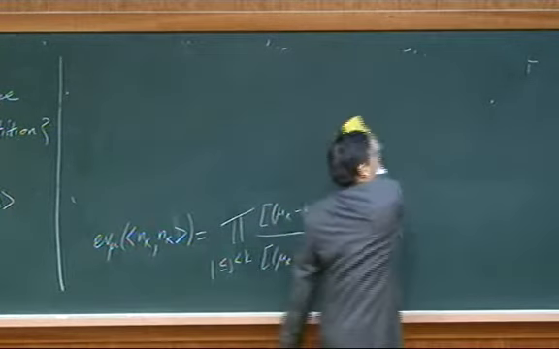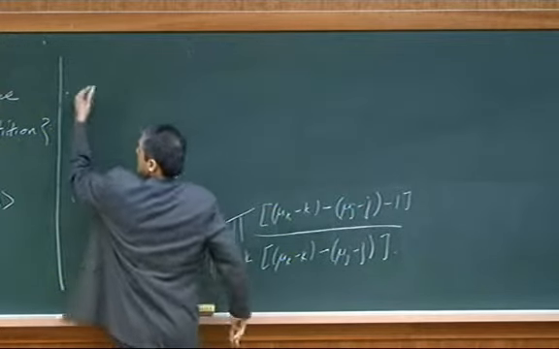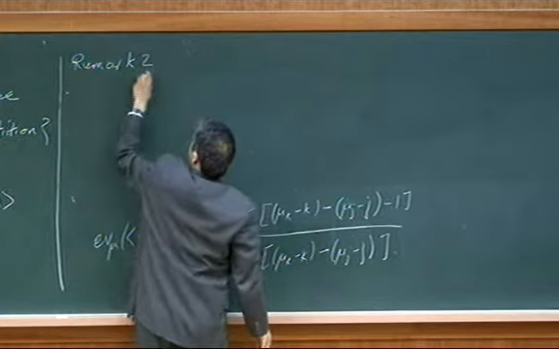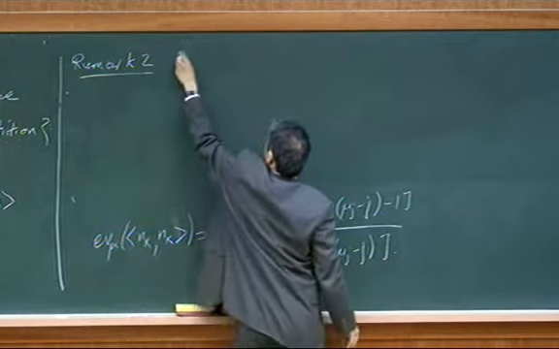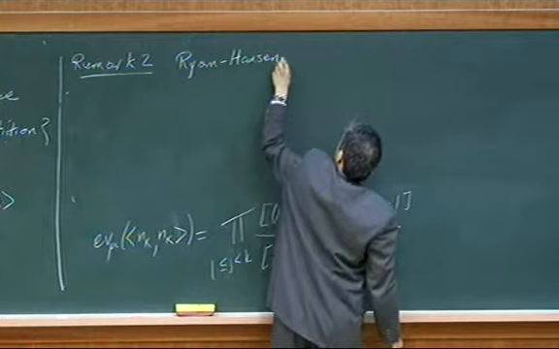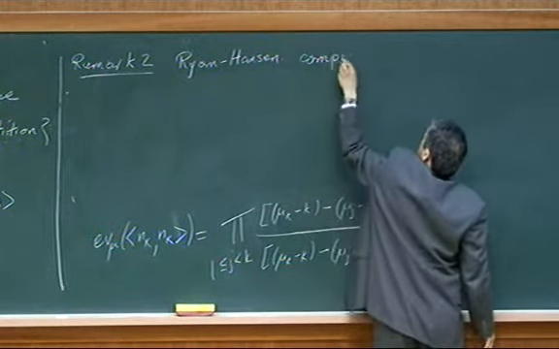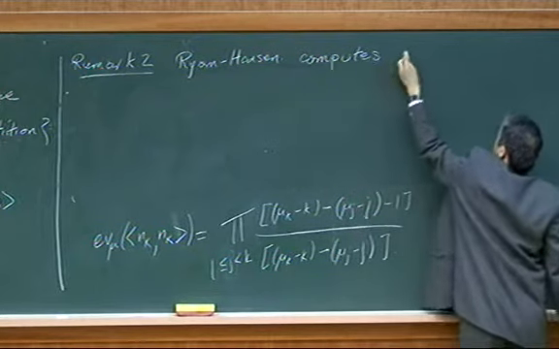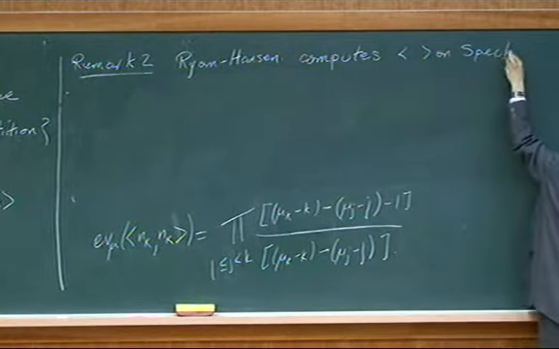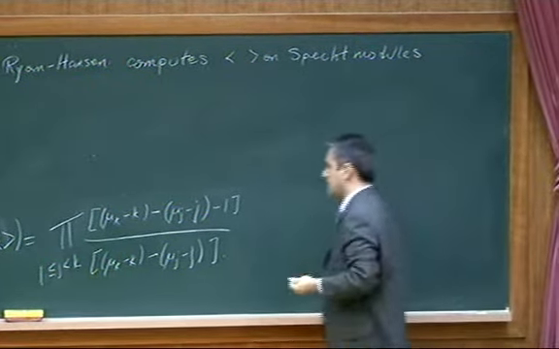So the second remark is the one which Monica said. So in particular, one reference is this paper of Arun Ram. So this computes inner products on Specht modules, and gets this hook formula.